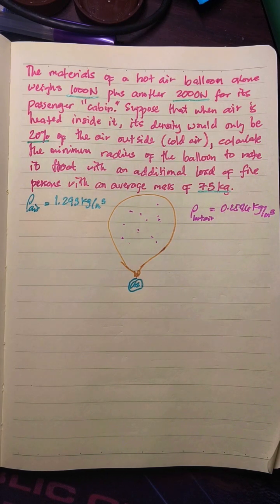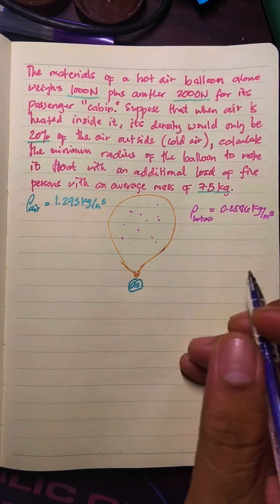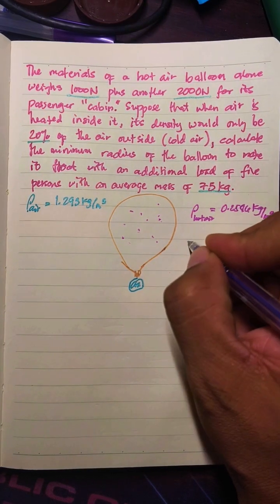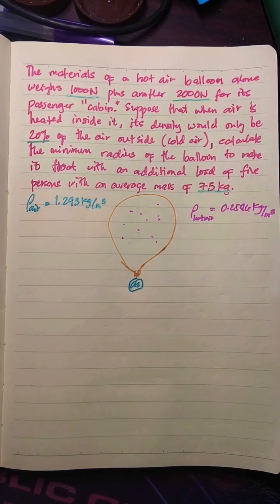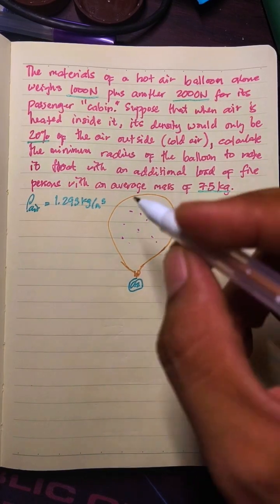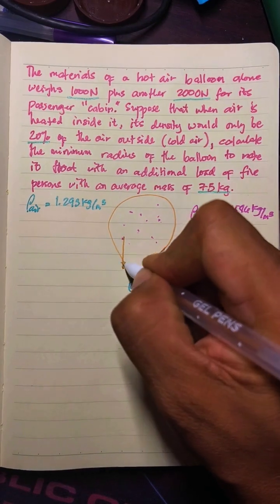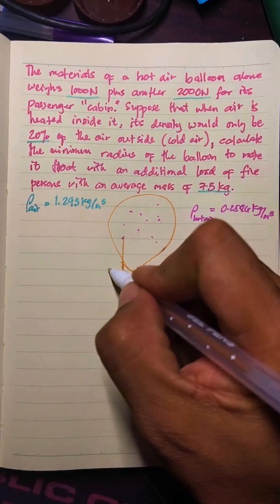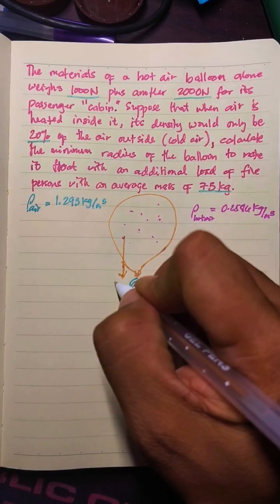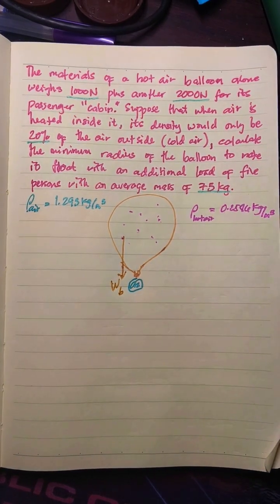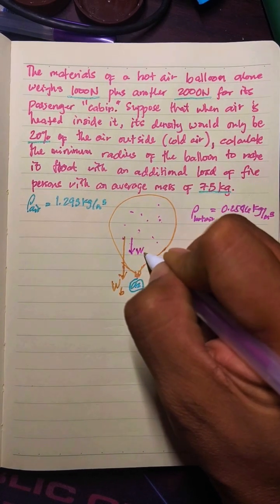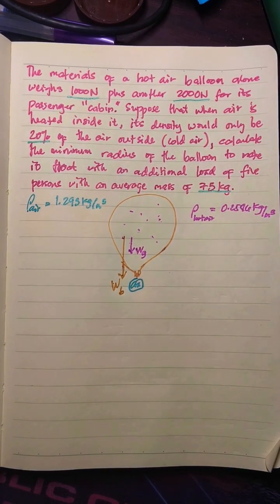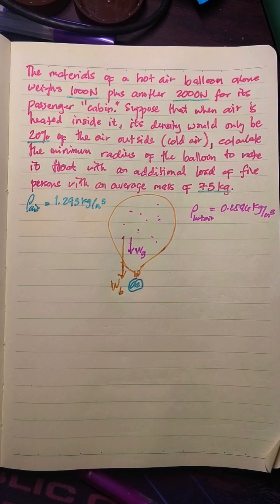So first let's derive our working equation. What are the forces downward? Let me write this in color. The downward forces are the weight of the balloon, WB, and of course the weight of the hot air, the gas, which I'll put as WG. And you have the weight of the cabin.